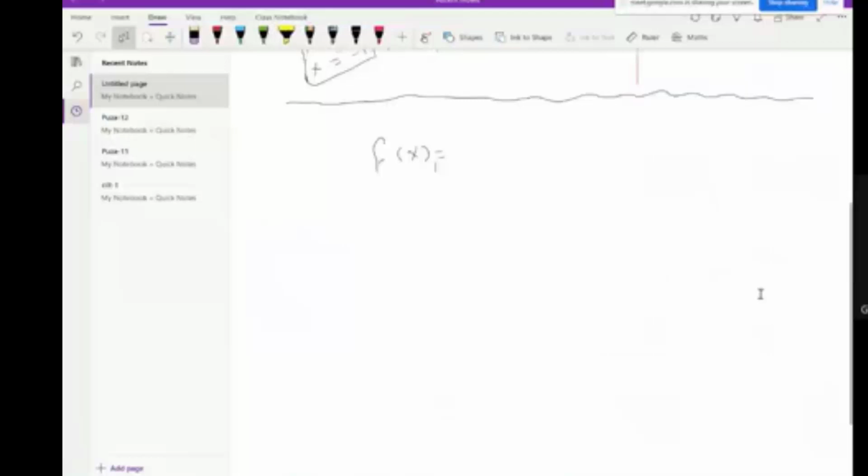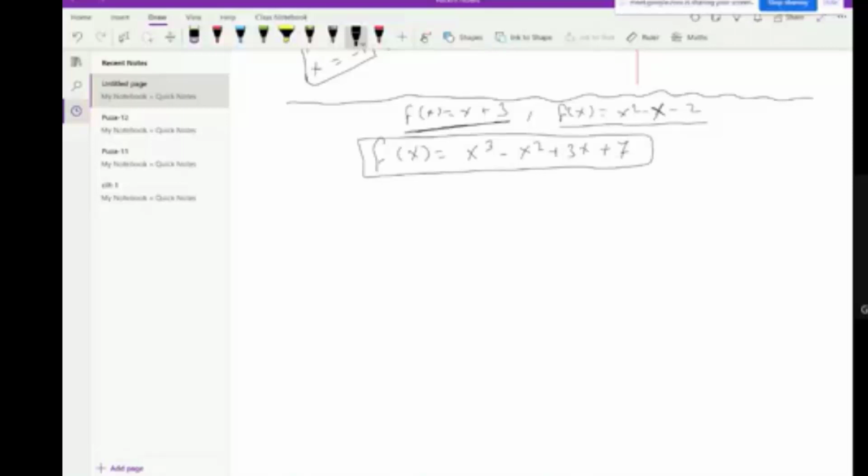We talked about two equations, f of x equals x plus 3 and f of x equals x squared minus x minus 2, and we solved them easily. Now the problem is when we have an equation like x cubed minus x squared plus 3x plus 7, for example.